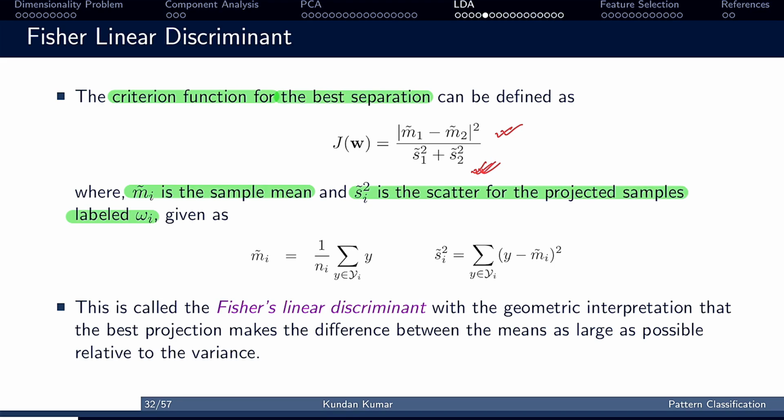We can analyze these parameters, where the sample mean is given by this expression, and the scatter of the projected samples is given by this expression. Now try to analyze these parameters.